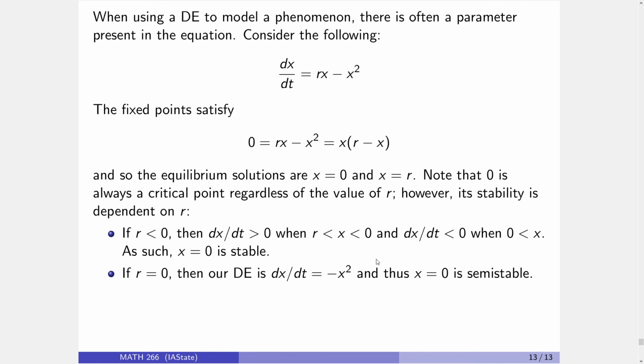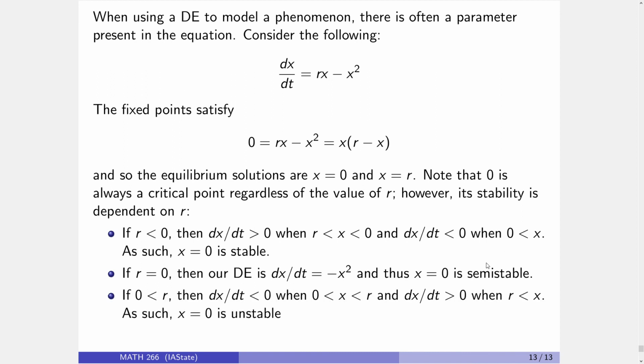All right, when r is 0, our DE is this, which is the same thing as the DE we just looked at, only it's negative, so it's always decreasing. And so it's semi-stable. And then likewise, if r is positive, we look at x values near 0, so that's not right there.